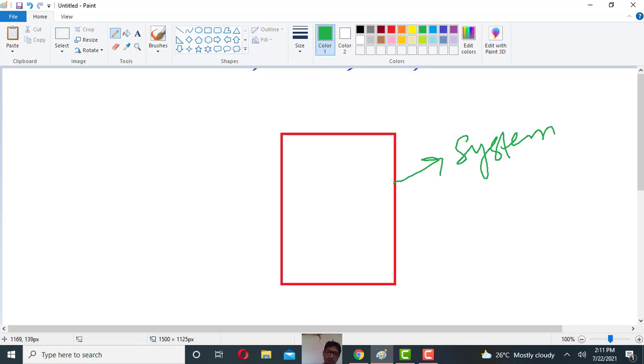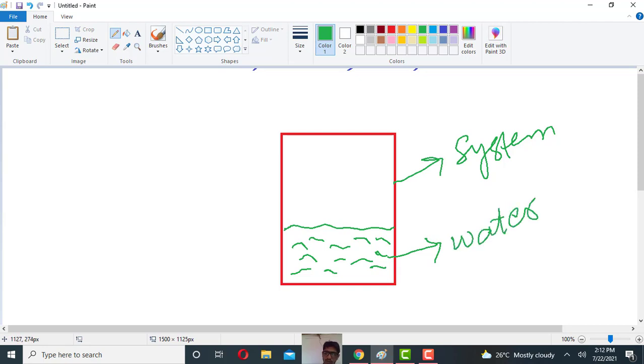There is some water present in it, and above the water there is air plus another gas like sulfur dioxide.